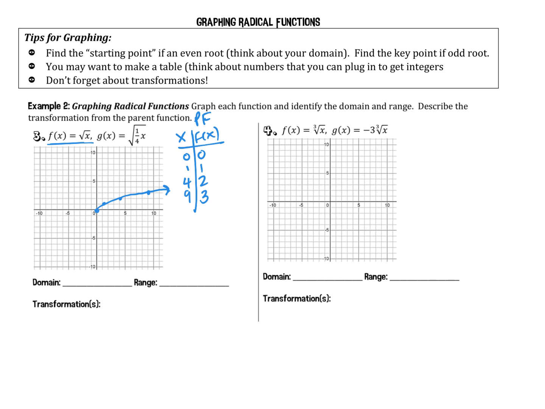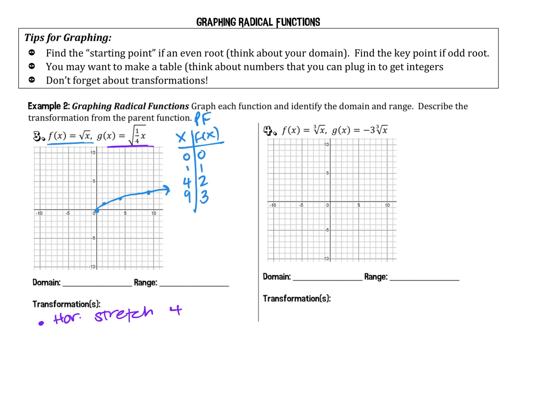Now let's talk about transformations. To get our new function g, what are we doing? We're taking each of the x's and we're multiplying them by 1/4. So transformation-wise, what does that mean? It's on the inside, so it's horizontal. So we are horizontally stretching our graph by a scale factor of 4.